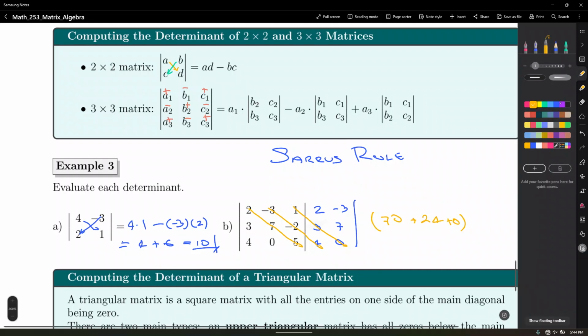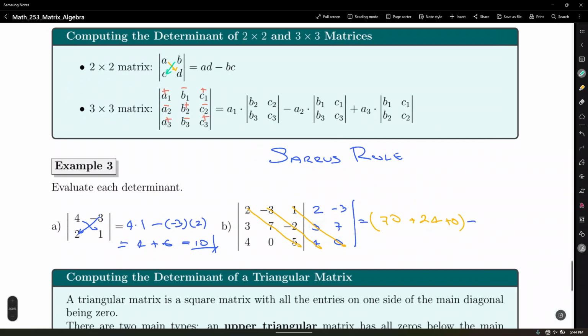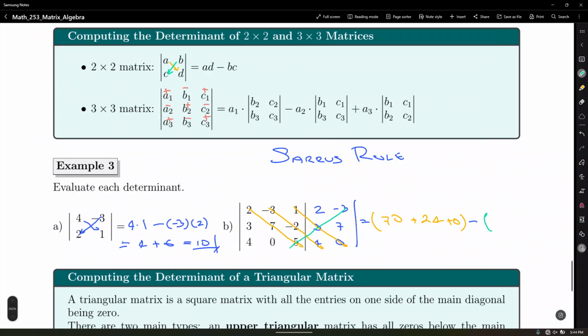Then we're going to subtract another group, multiplying the elements along the secondary diagonals, the arrows coming backwards in a way. So that is negative 3 times 5, which is negative 15, times 3, that is negative 45. And then 2 times negative 2 times 0, that's actually plus 0.